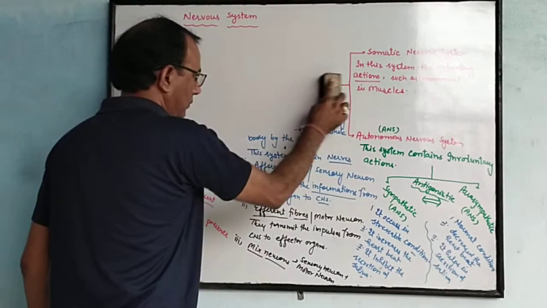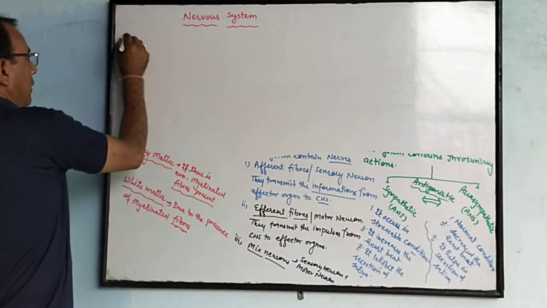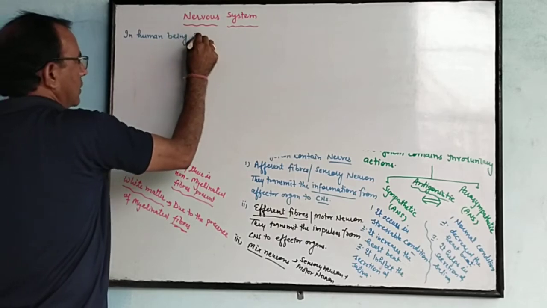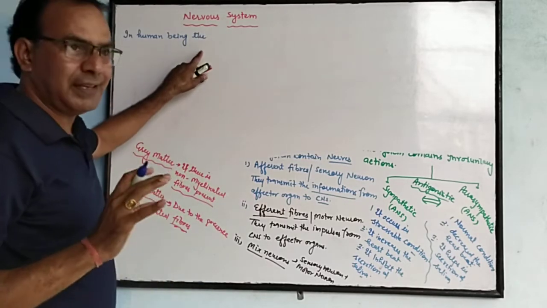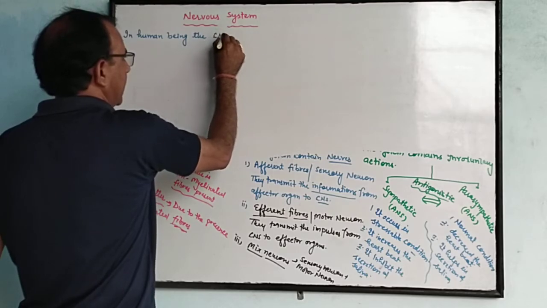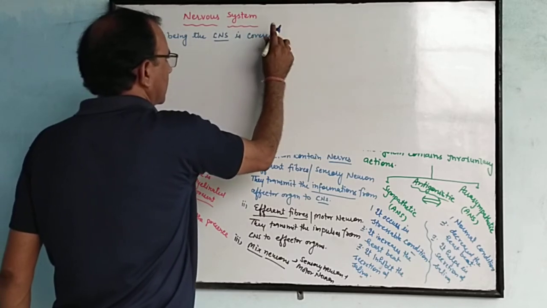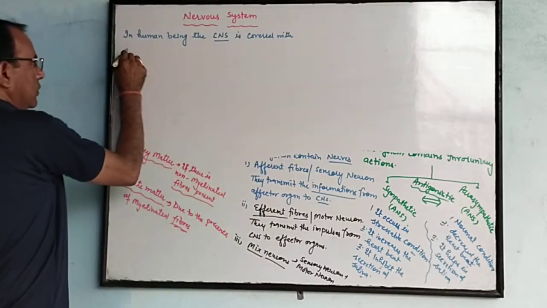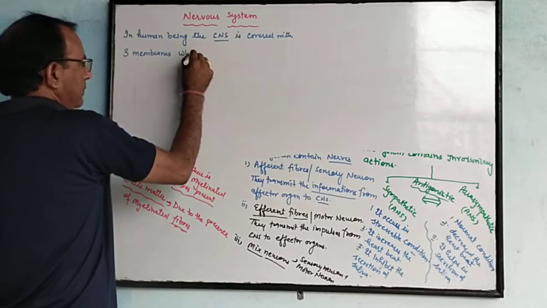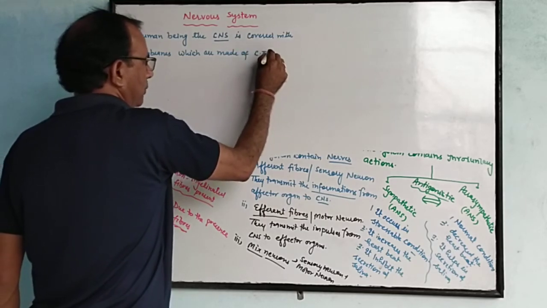Next, in human beings, the nervous system, meaning the CNS, the central nervous system, is covered with three membranes which are made up of connective tissue.